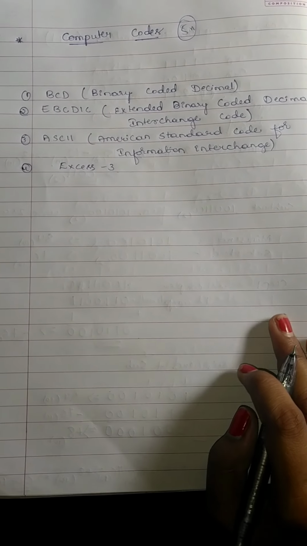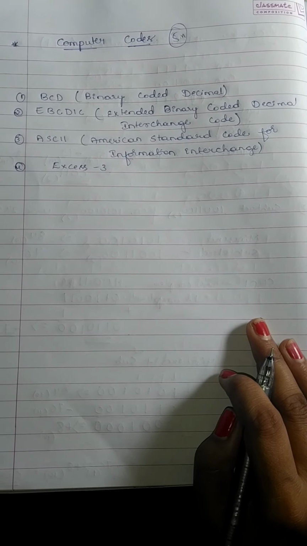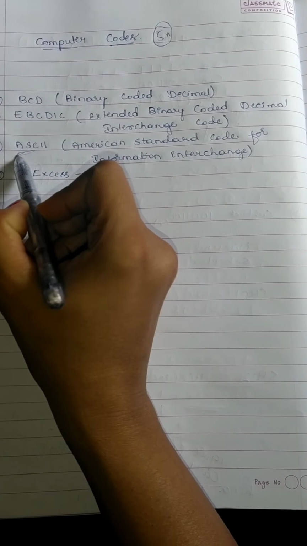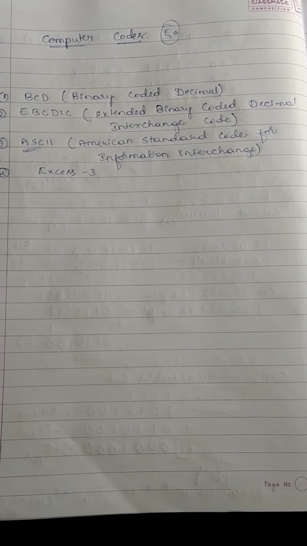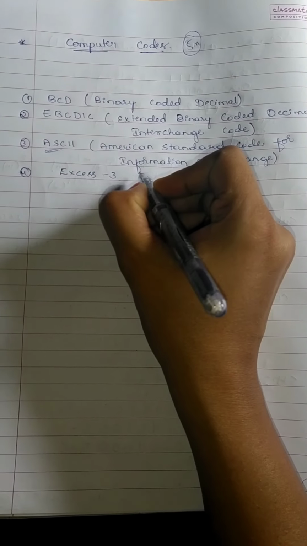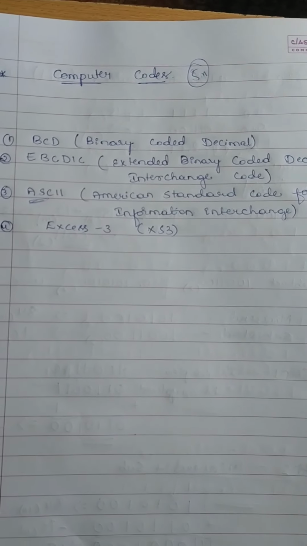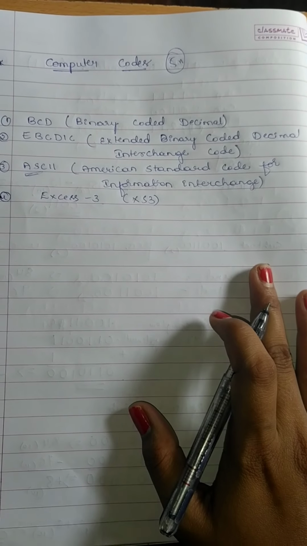BCD is binary coded decimal, EBCDIC is extended binary coded decimal interchange code, and ASCII, this is very important. ASCII is American Standard Code for Information Interchange, and the other is also known as XS3. These are some of the techniques used to represent computer codes.